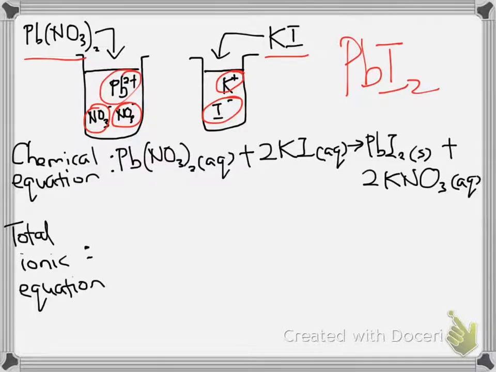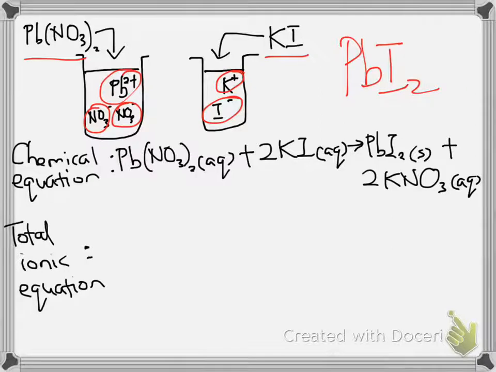So let's take a look at the chemical equation. We remember that lead 2 nitrate will react with potassium iodide to give you lead 2 iodide and potassium nitrate. Now, how do we construct an ionic equation? Firstly, we have to look at which are the aqueous compounds in the equation.